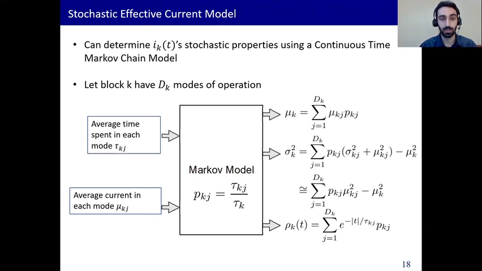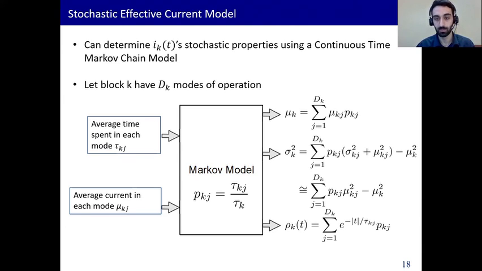As a consequence, we can determine the stochastic properties of I_k using a continuous time Markov chain model. The Markov model takes as input the user specifications and gives as output first the mean of the overall process I_k, which is simply a weighted average of the mode currents, where the weights are the mode probabilities. Second, it gives an estimate of the variance of the process I_k, which is given by the second equation on the right-hand side.